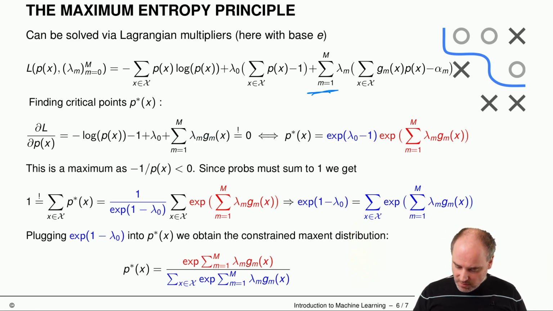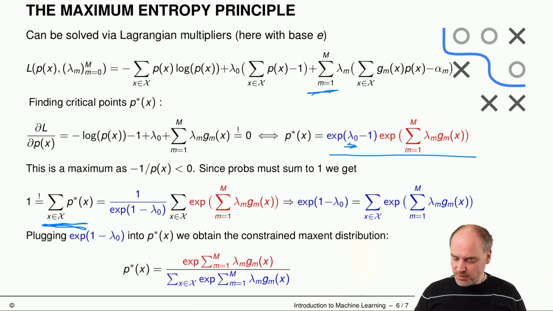The next thing we can do is use the fact that all of the probabilities of our probability mass function p of x need to sum to 1. We can write that down and insert this formula that we are given here. Because we now have one equation with a bunch of unknowns in there, we can actually eliminate one unknown.